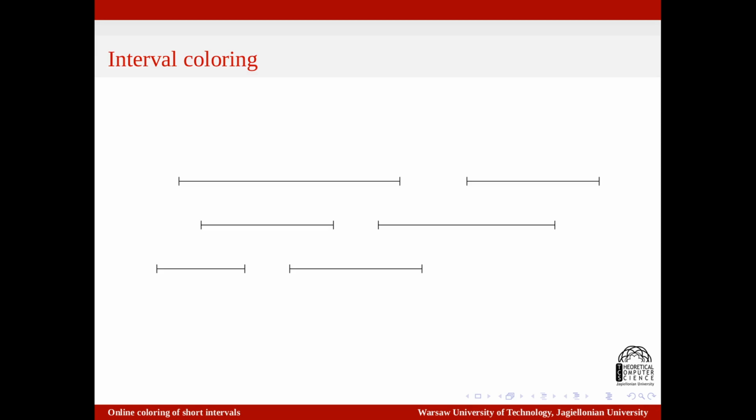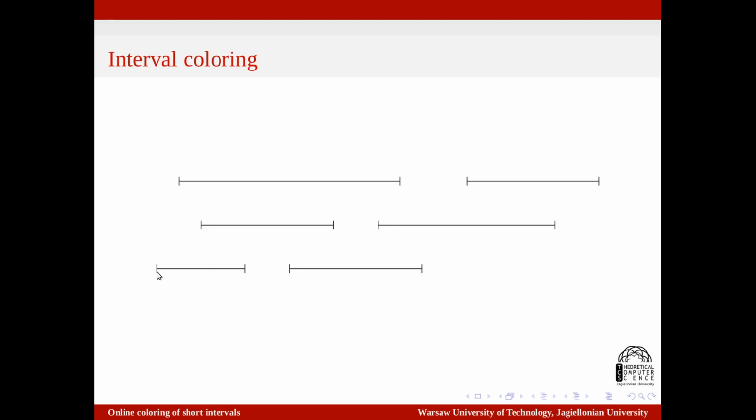Before I can introduce our problem, we need to define some basic notions. So this is a set of intervals, and we draw them like this, but we think of them as intervals on a real line.